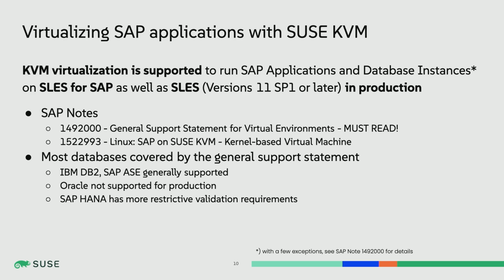So all your application servers, those databases listed here, are supported. Easy peasy. This you can just virtualize. HANA is special, and everything from now on applies just to SAP HANA. All the restrictions I will talk about just apply to SAP HANA. For the application servers, you can do whatever you want. It's supported.